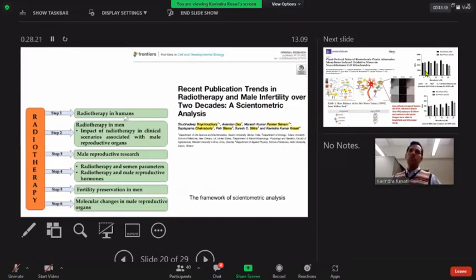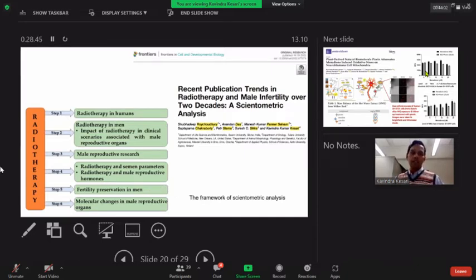Then this is also our very recent study. And this is on radiotherapy. There are several cancer treatment methods, radiotherapy, chemotherapy, so many methods. People who think they are fine with radiotherapy are not right, because radiotherapy always has several side effects.